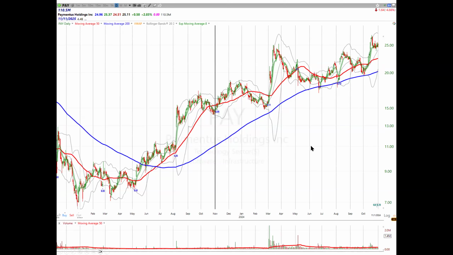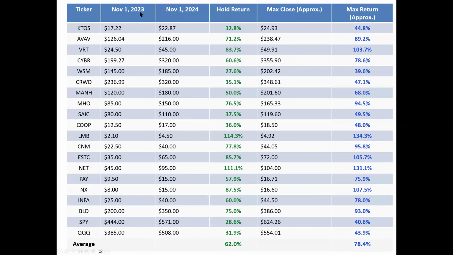So these are the 11 stocks here. Now this is where it breaks down. November 1st, 2023, November 1st, 2024. These are the respective prices here. So if you just held for the year, your return on these stocks would all be positive. You'd have made money on every single stock.